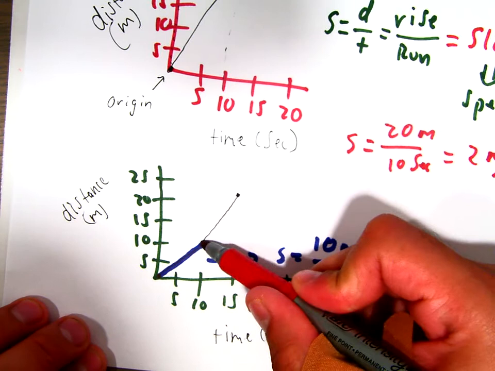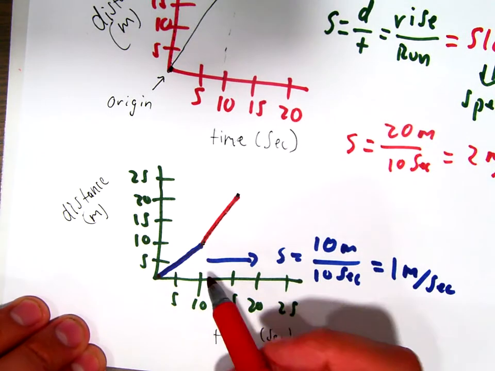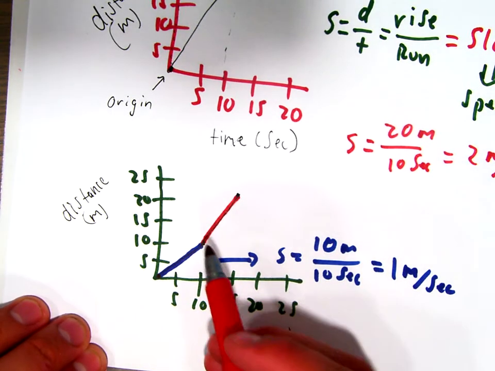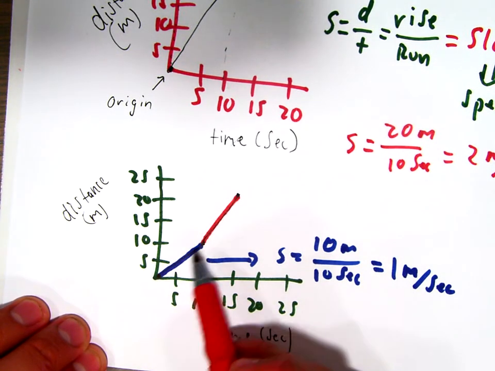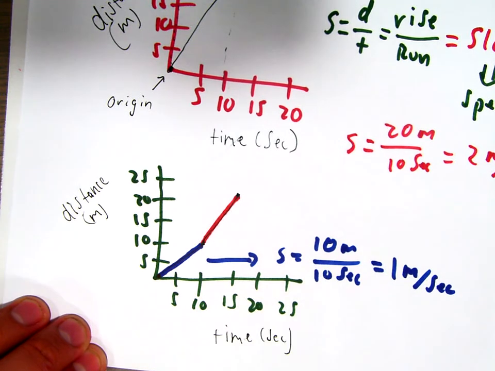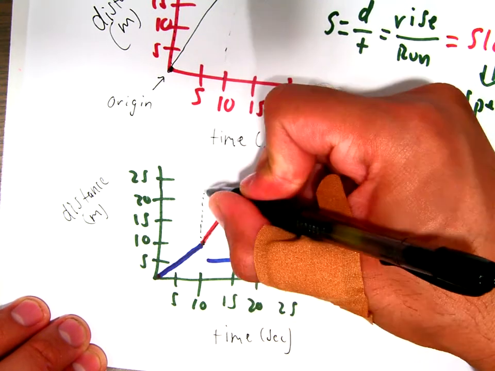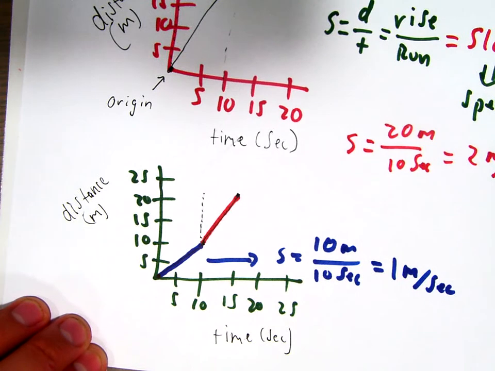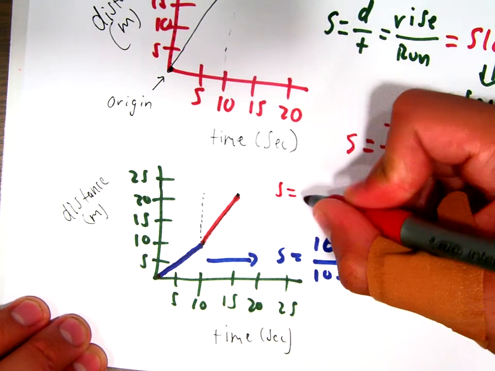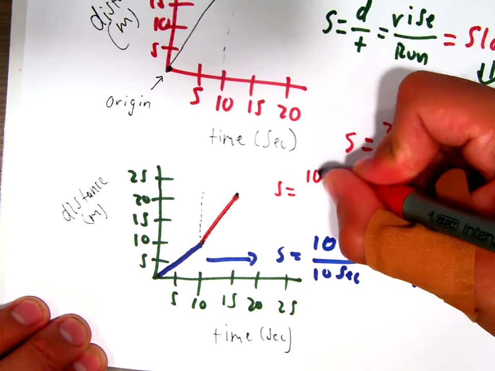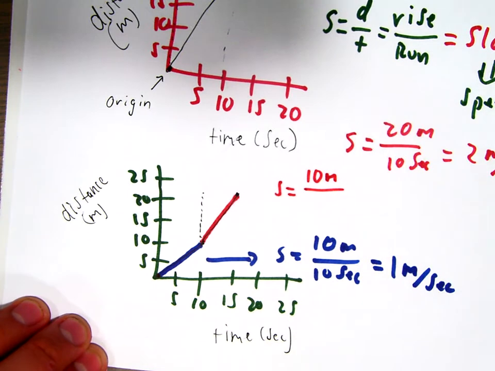What about here? Well, in this case, I've got to get my rise, but my rise is not from the bottom. My rise is from where I started, which is here. So if I look at this, I started at 10, I went to 20, so my rise was only 10, divided by, what was my run?